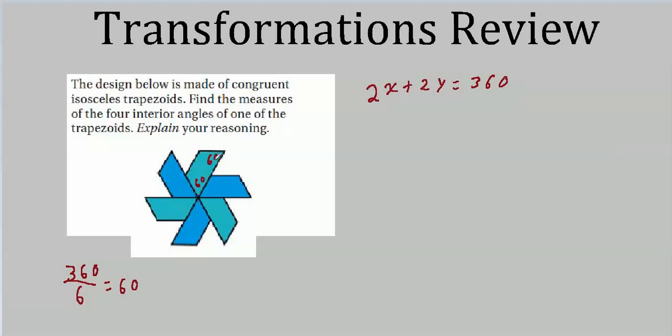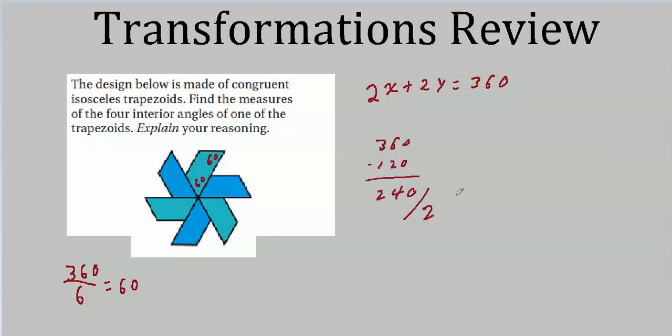60 and 60 is 120. And the interior angles add up to 360, so I've accounted for 120 of them. If I subtract 120, I get 240. Now I've got 240 degrees left over, which I have to distribute across 2 equal angles.